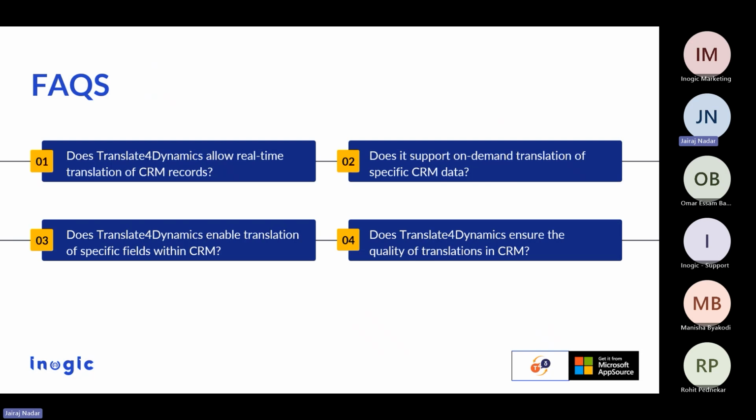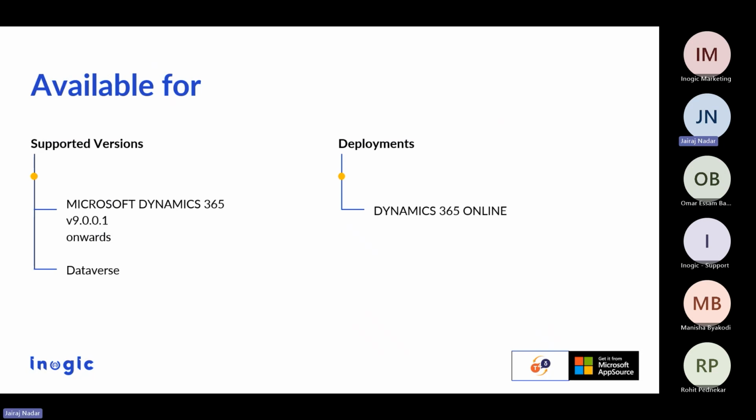Yes, as I showed you, you can define which fields you want to translate. How about the quality of translation? Since we use Azure AI Translator, it is pretty reliable, and it translates exactly what the content is. And Translate for Dynamics is available in Microsoft Dynamics CRM 9.6 and above, and Dataverse, which can be deployed online.